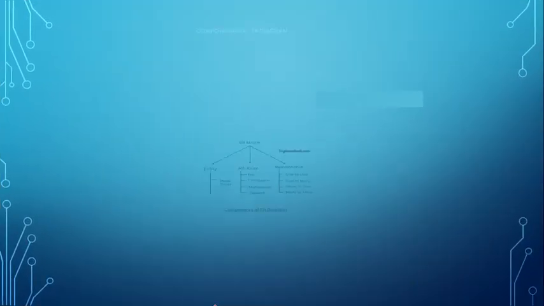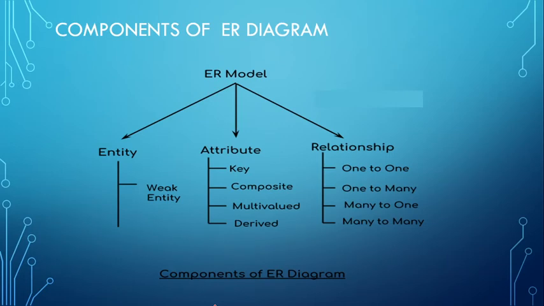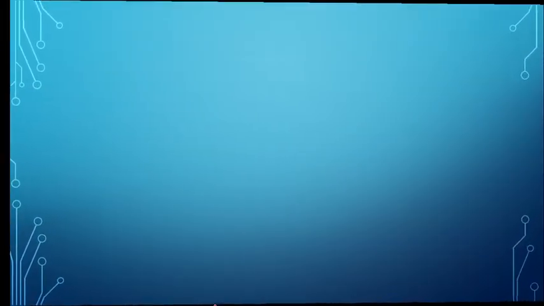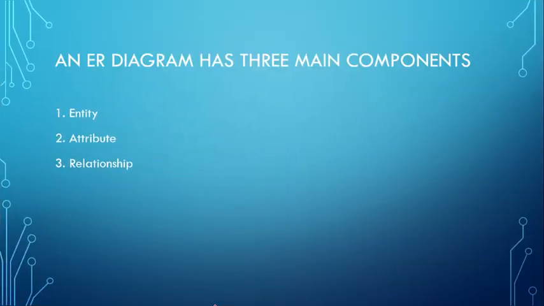What is an entity? Let's see these components once again. Entity is a component in an ER diagram. In every ER diagram we have three components: entity, attribute and relationship. These are the three important components present in an ER diagram.